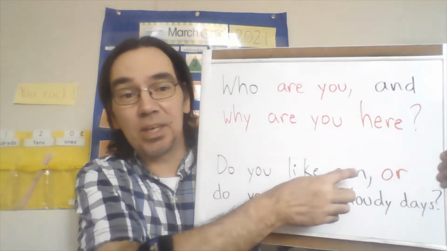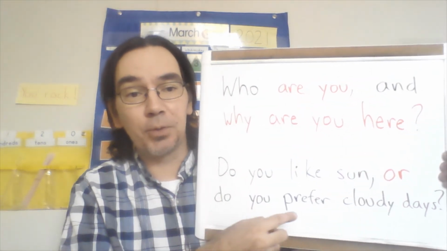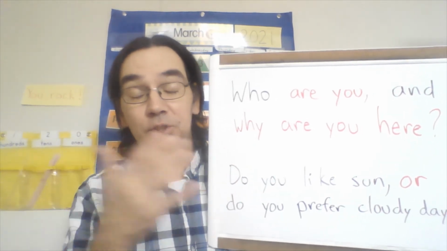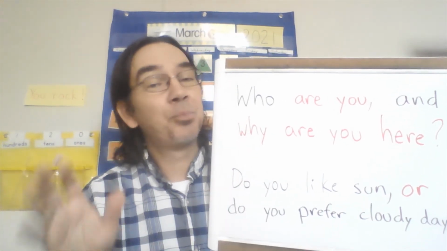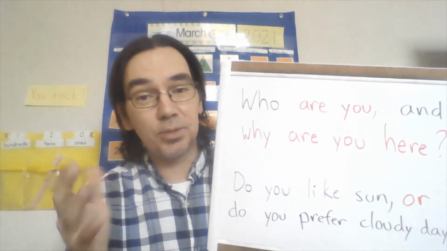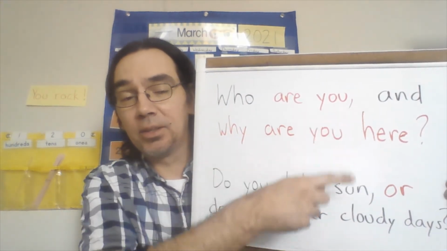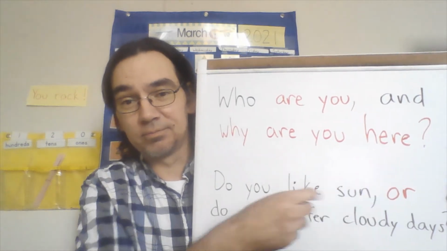So do you like sun or do you prefer cloudy days? Now, any of these questions on their own are just fine. But you can make it a compound question by combining them with and or. Right? Compound sentences. So you can make them a little bit longer, right?